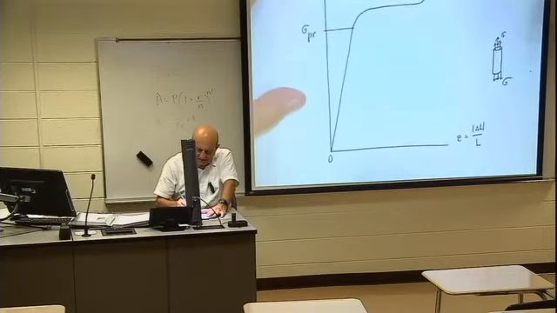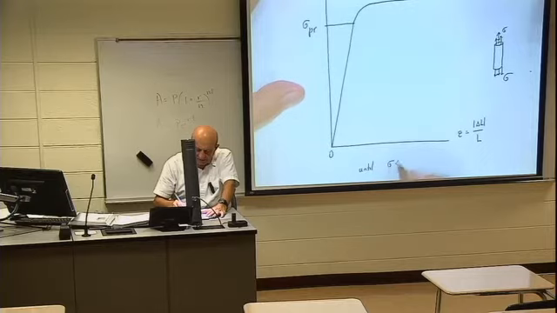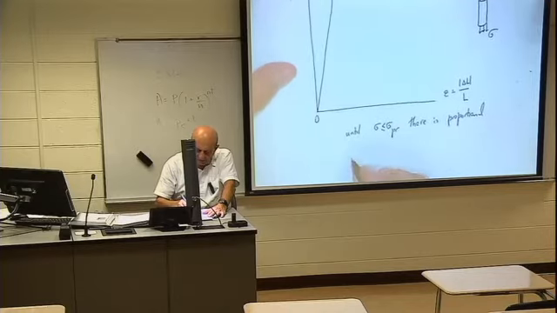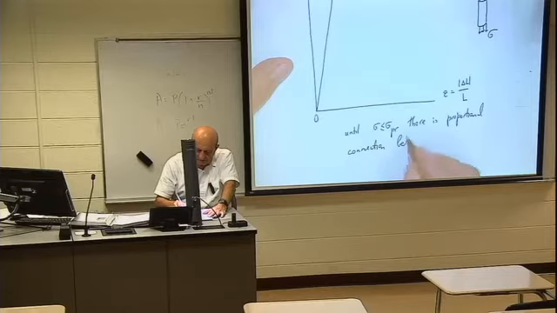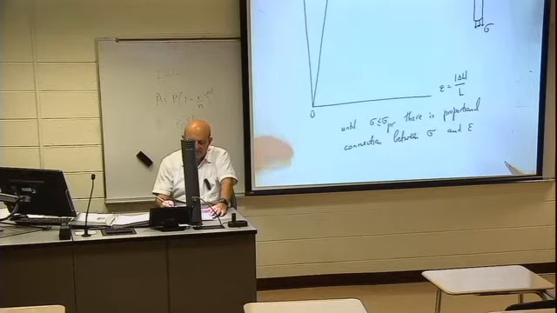So that means that until sigma smaller or equal sigma proportionality, there is proportional connection between sigma and epsilon. Okay?